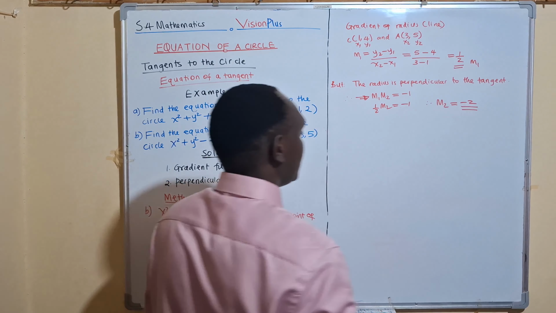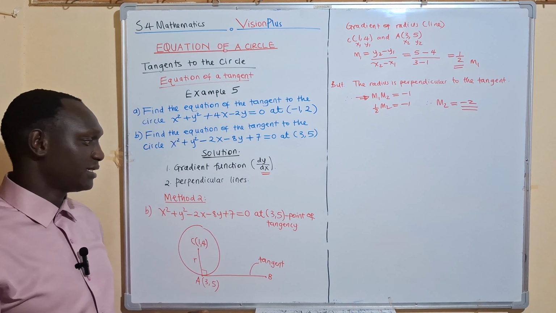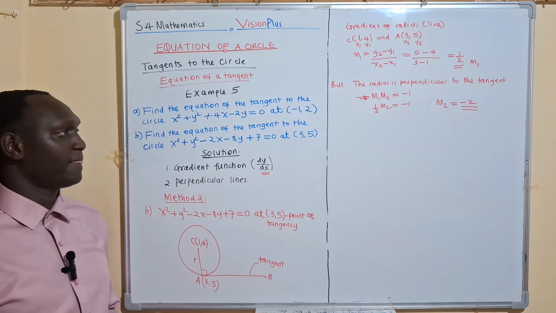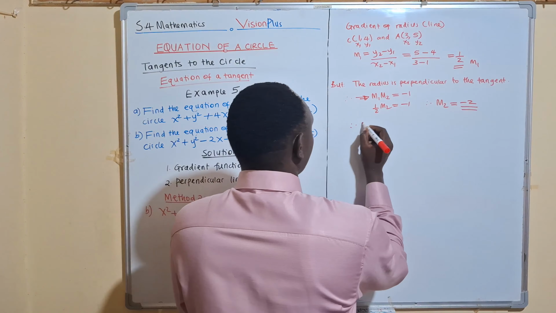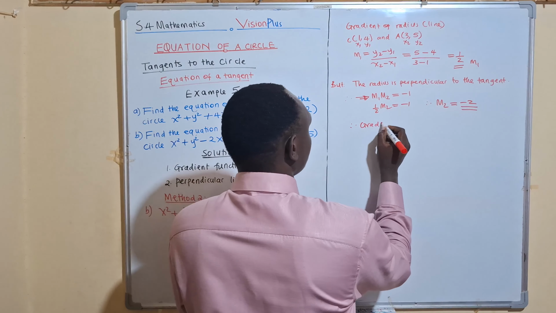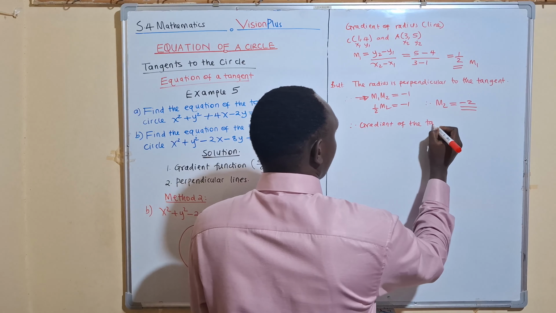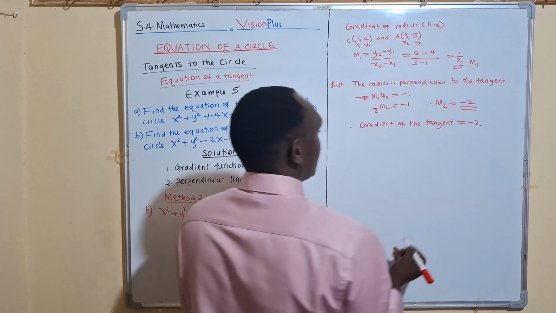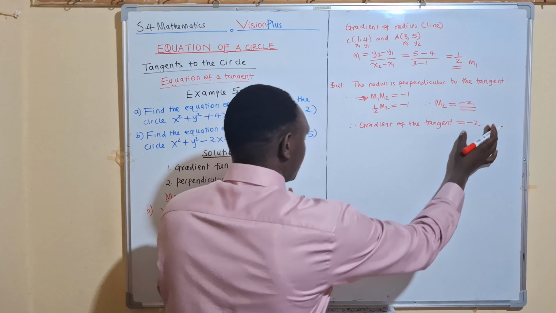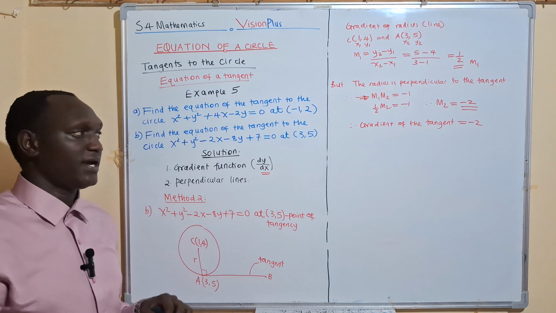So -2 is the gradient of the tangent. That is the gradient of the tangent, -2.